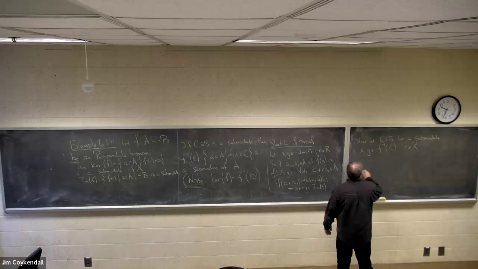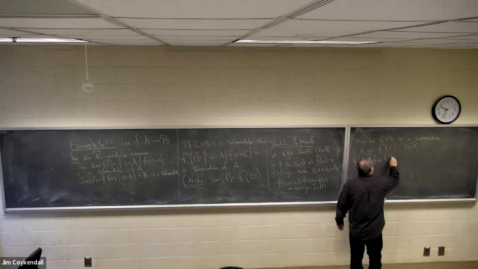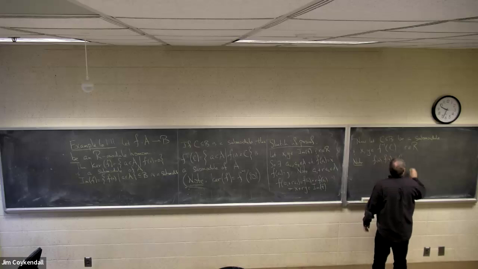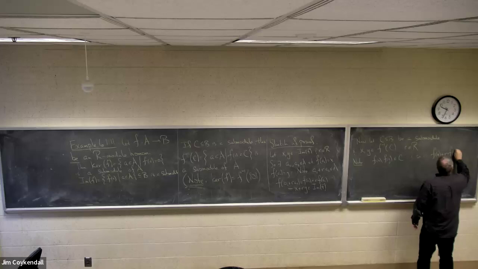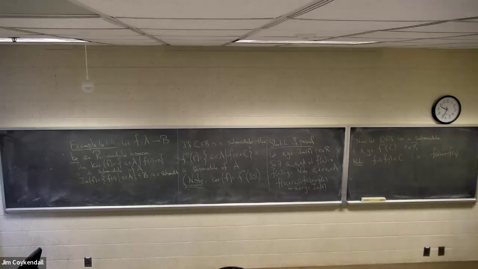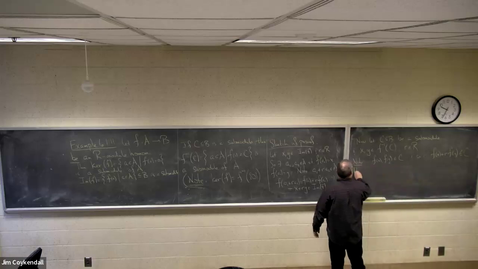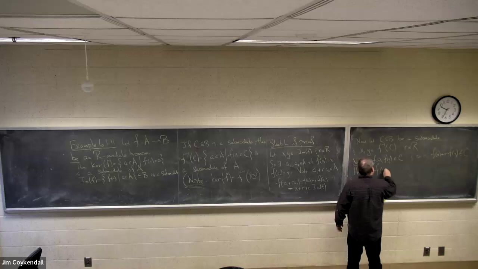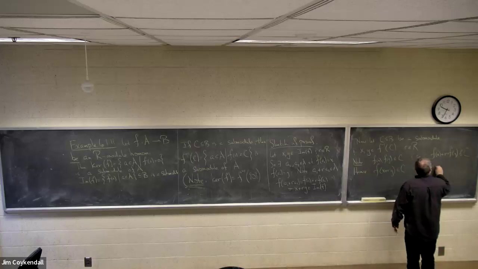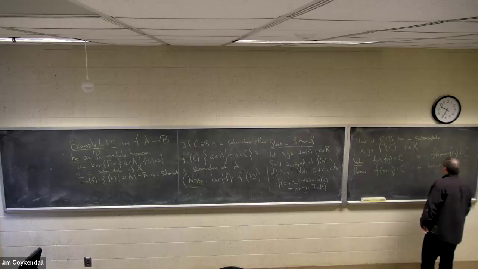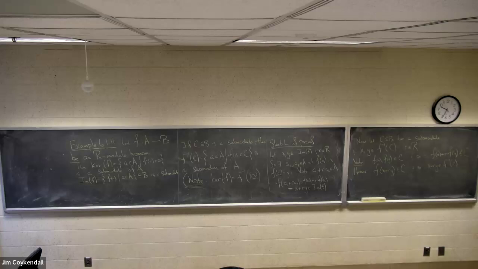Note that by definition, F of X and F of Y are in C, and so is F of X plus R F of Y. Hence, using the fact that this is an R homomorphism, X plus RY is in F inverse C. And again, I didn't make a remark, which I should have, that F inverse C is not empty, but it's certainly not, because 0 is in F inverse C.